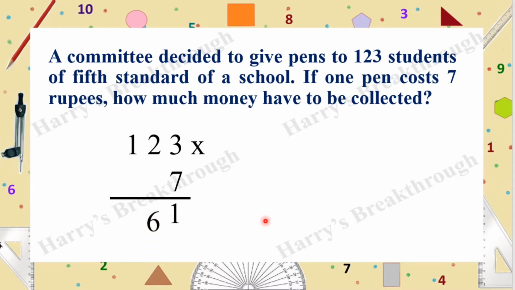So let's put 6 here and remainder 1. Then 1 into 7, 7 plus the remainder from the previous step, so it will become 8. So this committee needs 861 rupees to buy pens for 123 students.